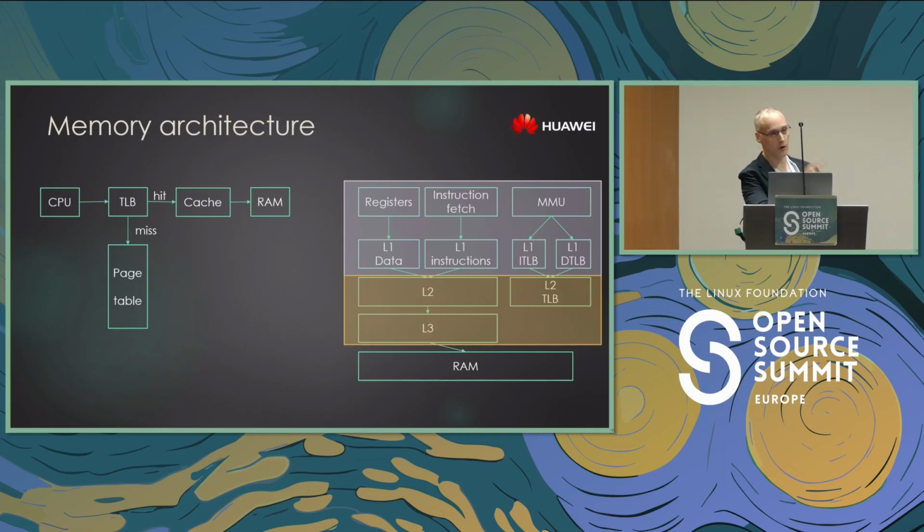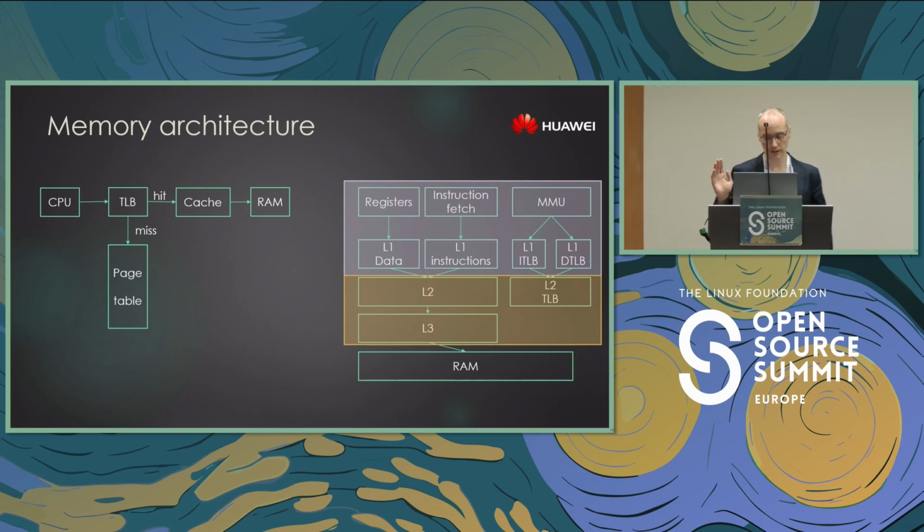The CPU will always hit the TLB first. If we miss, we walk through the page table to get the actual page translation. Otherwise, we use the one from the TLB.